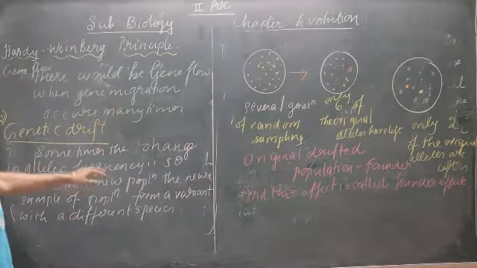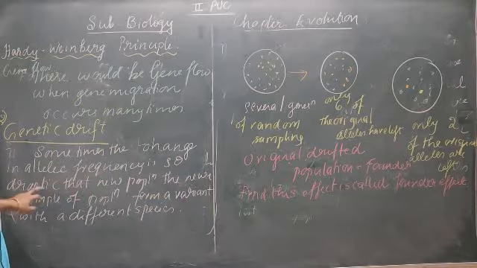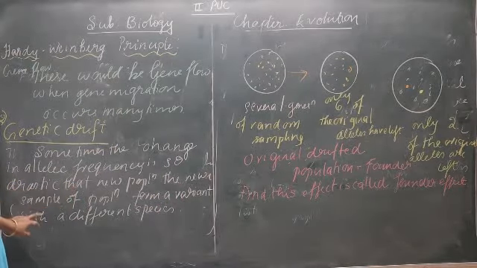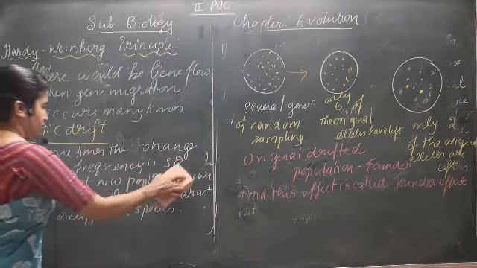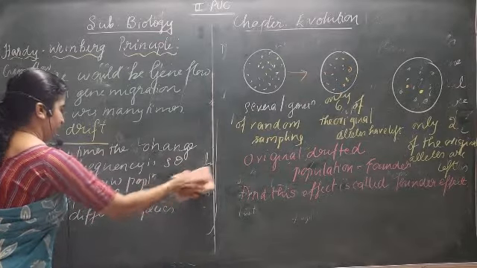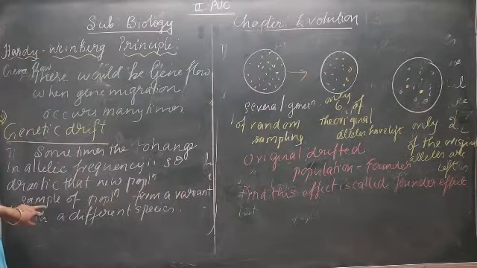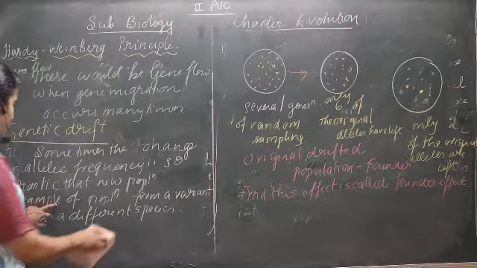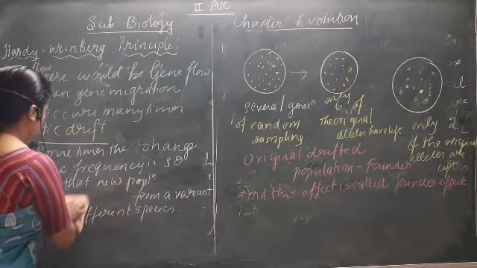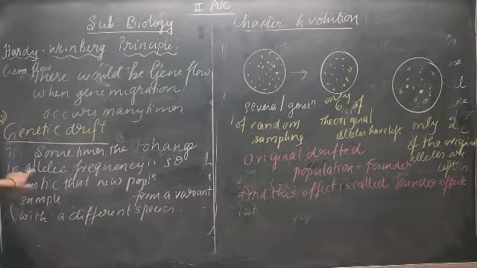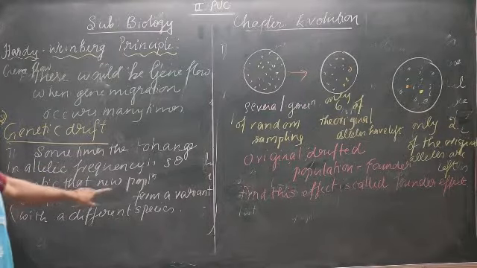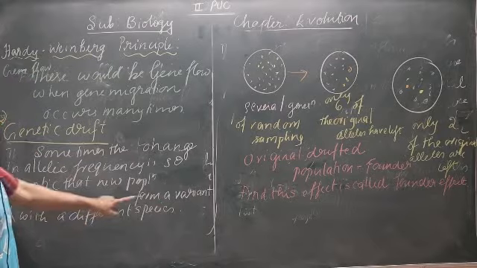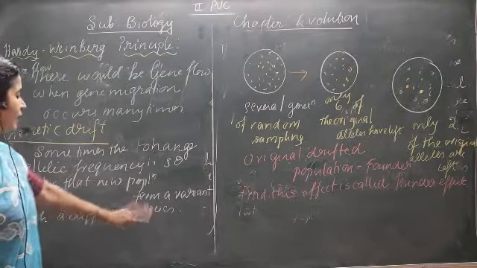Sometimes the change in allelic frequency is so drastic that a new population sample forms a variant with a different species.